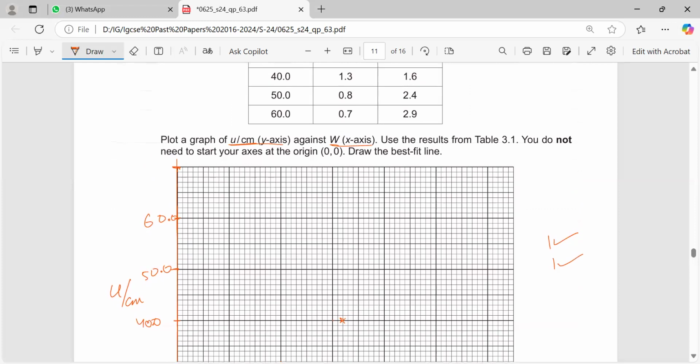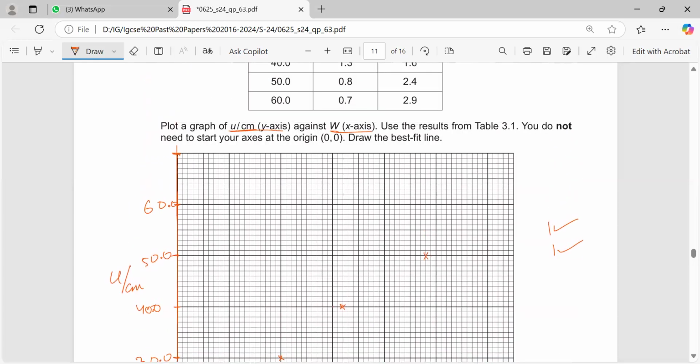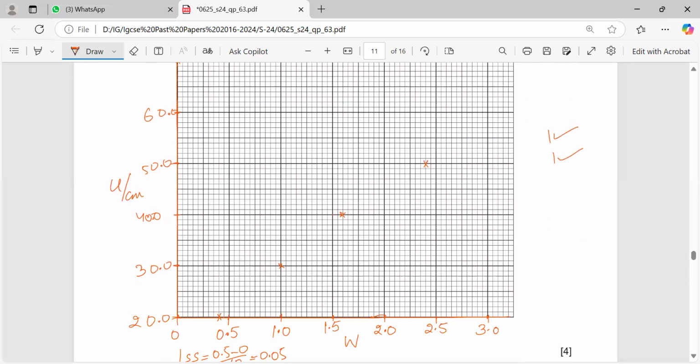Then at 50, 2.4. At 50, this is 2, this is 2.5, so here it is 2.4. And at 60, 2.9. So 2.9, just two boxes before 3. So now this is the third mark.